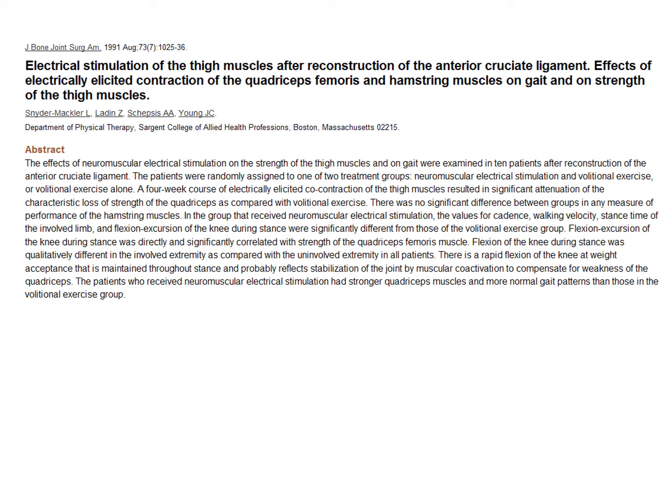And so if we're dealing with groups post-injury or post-surgery, this post-test only design probably makes the most sense. In this particular study, the group that received the neuromuscular electrical stimulation had stronger quadriceps muscles as well as a more normal gait pattern than those in the volitional exercise group alone.